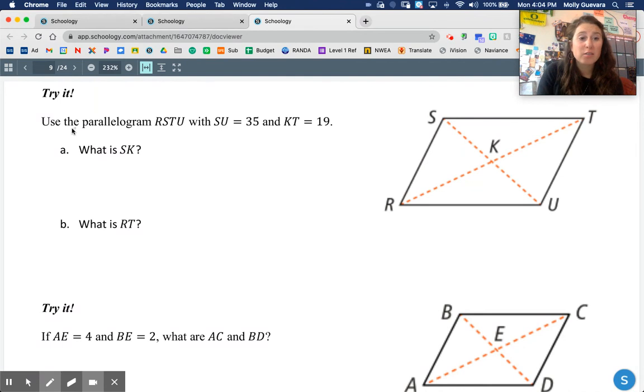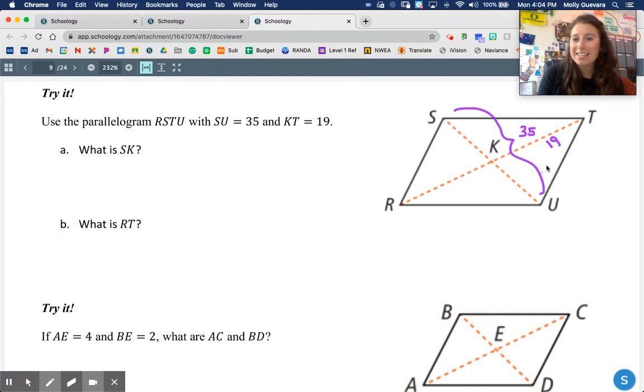Okay, so let's review this last problem. It says use the parallelogram RSTU with ST, so this whole diagonal is 35, and K to T is 19. Let's see what they want. They want SK.